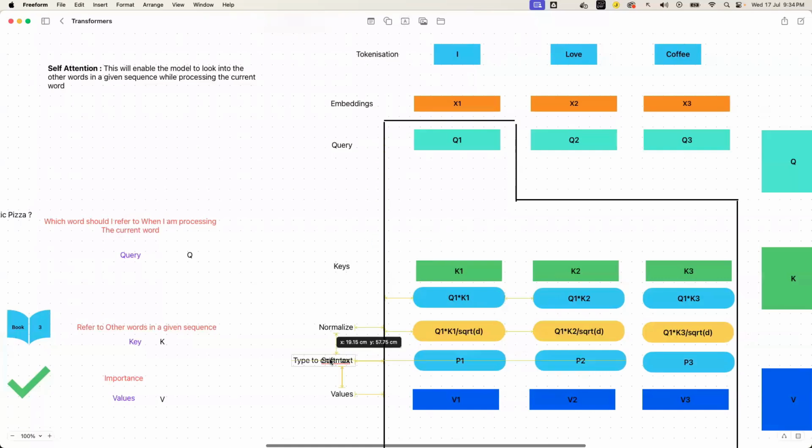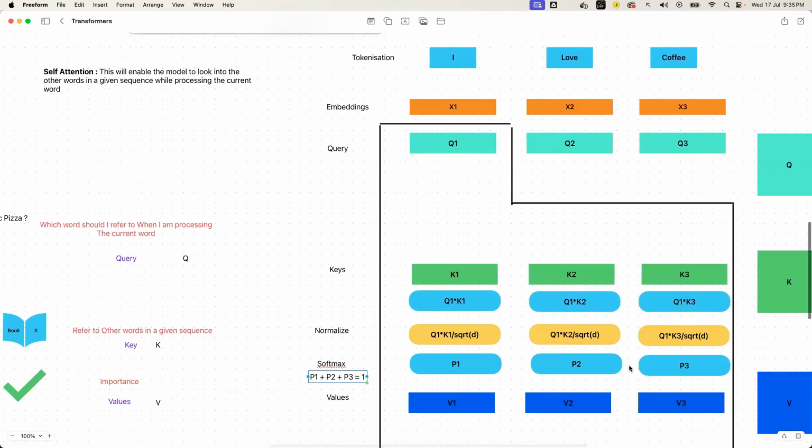The general understanding is P1 plus P2 plus P3 is equal to 1. This is the general idea of the softmax activation. Does everyone agree with me? If I add all these probabilities, I'll get the output as 1.